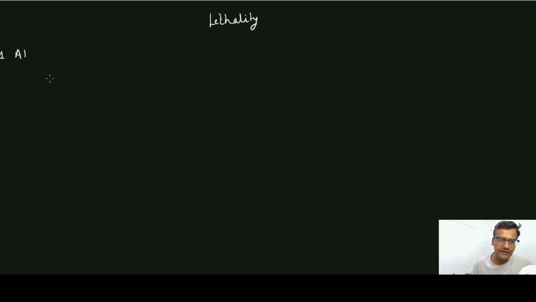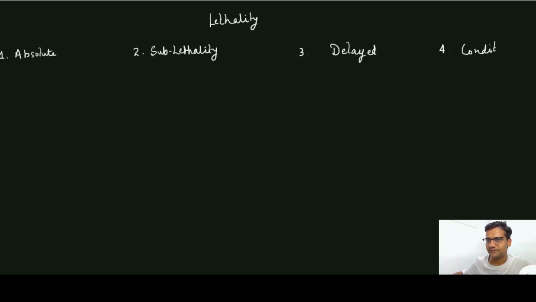The other kind of lethality is sublethality. The third kind of lethality is delayed lethality, and the fourth kind of lethality is conditional lethality. Let us study these kinds of lethality.